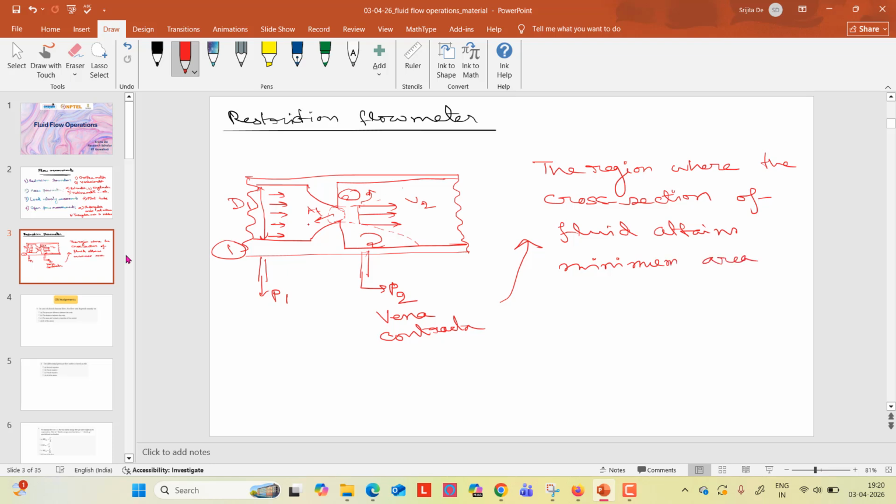In this region the minimum area is represented by this portion, so it is called the vena contracta. Now we want to solve it, like what will be the velocity profile and its equation, right?